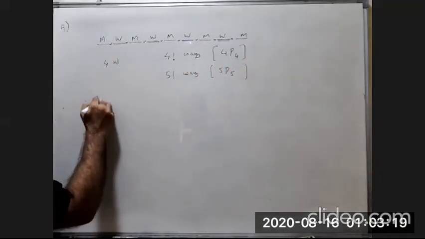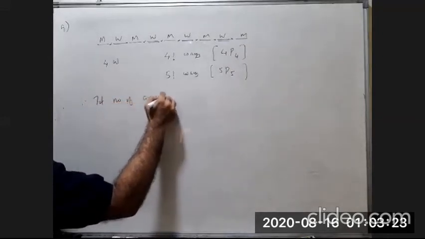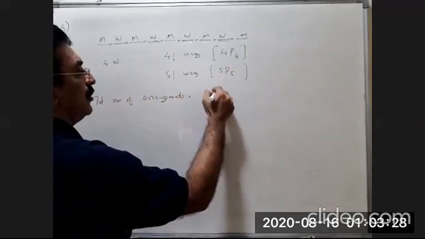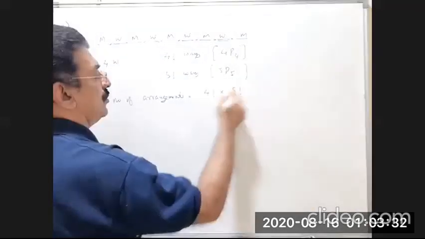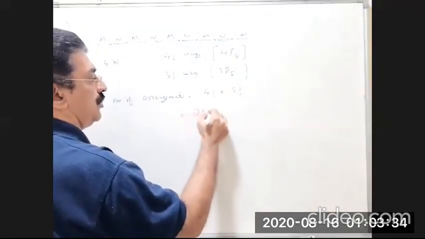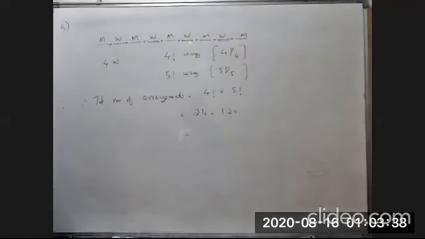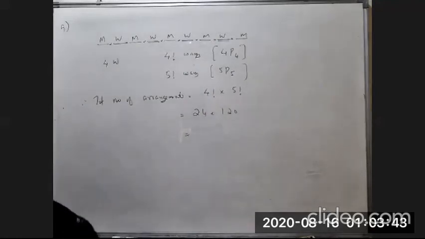Therefore, the arrangement is 4 factorial into 5 factorial. 4 factorial is 24, and 5 factorial is 120, we came across many occasions.